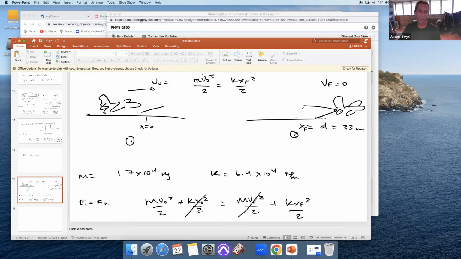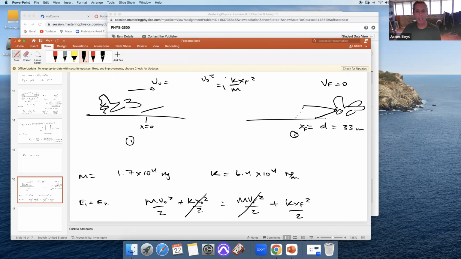And what we want to know was, what was the initial speed? Multiply through by 2 over m, and the 2 cancels, and you get v0 squared equals k over m times d squared, and then take the square root. And what I get is this number, 6.4 times 10 to the 4th over 1.7 times 10 to the 4th.